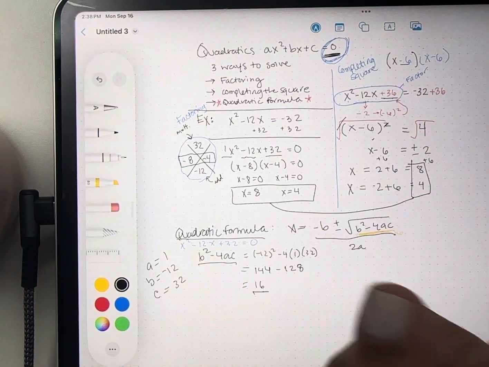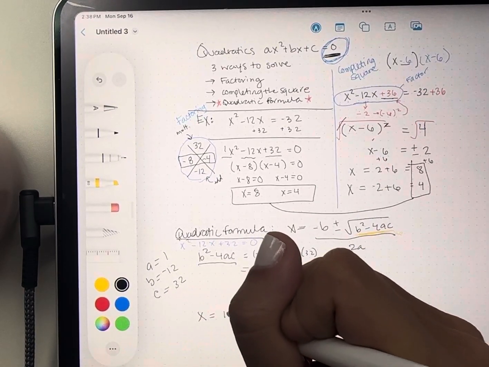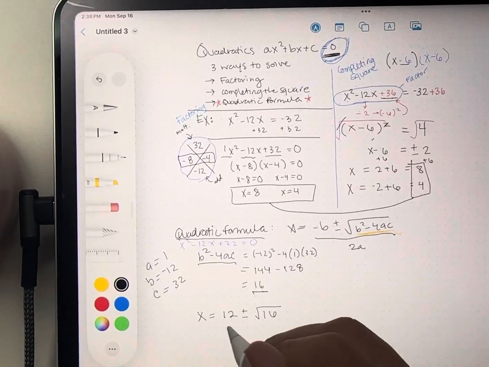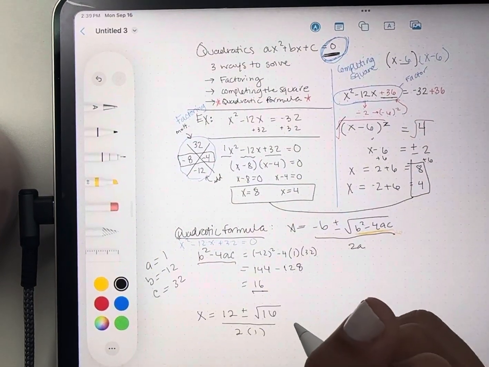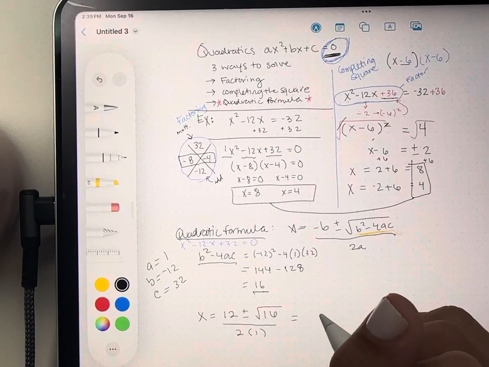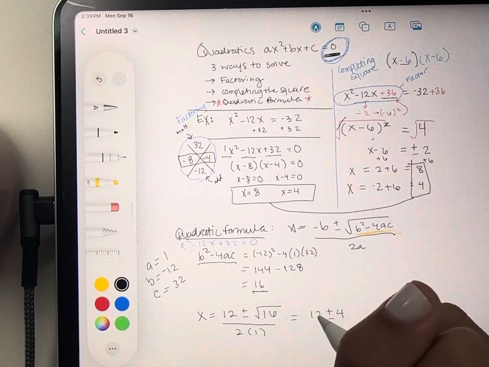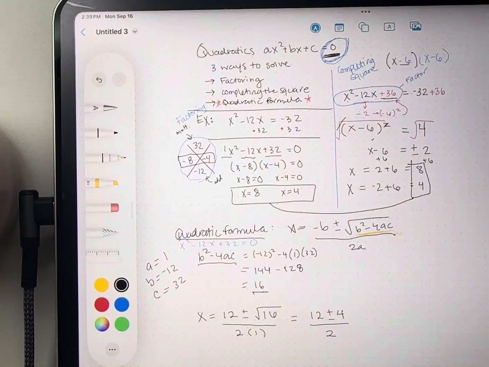So I'm going to go throw it in. X equals negative b, so negative 12, that's positive 12, plus or minus the square root of 16, all divided by 2 times a, which is 1. And to simplify this, square root of 16 is 4, plus or minus 12, all over 2.